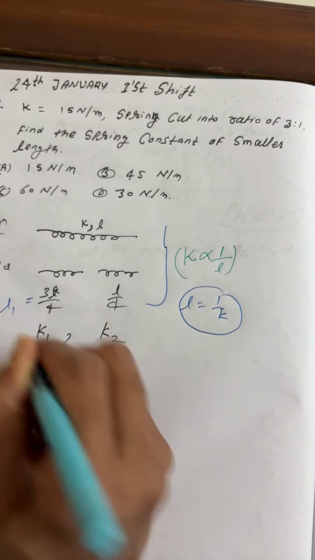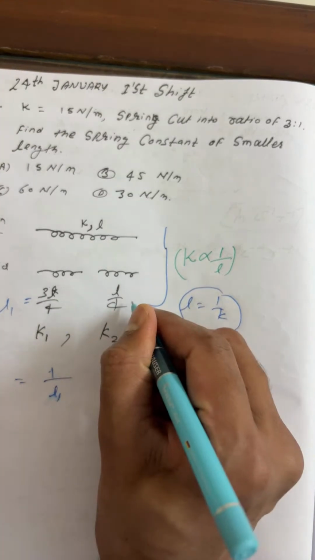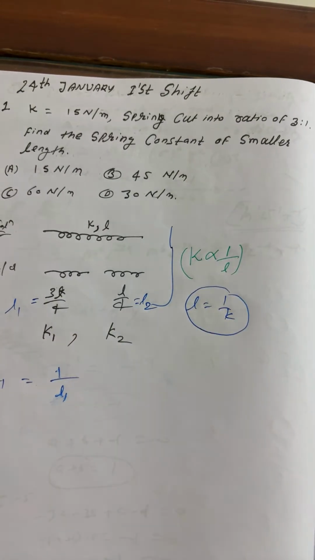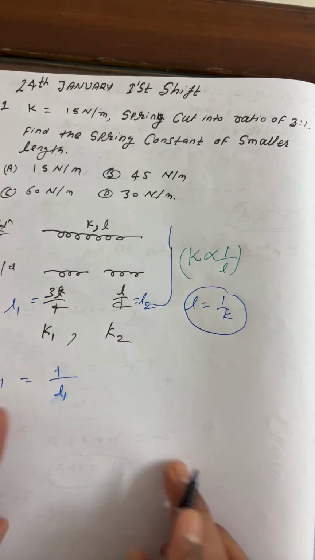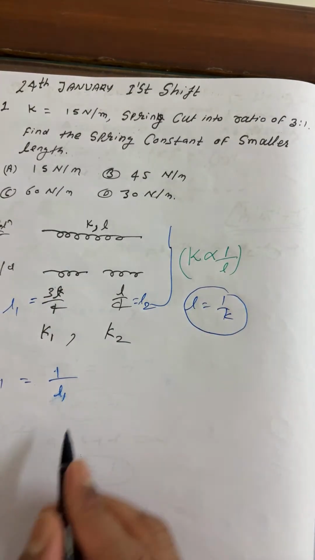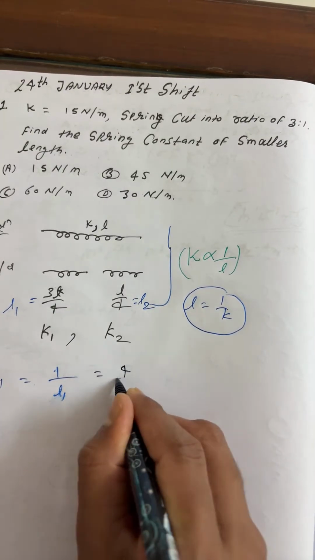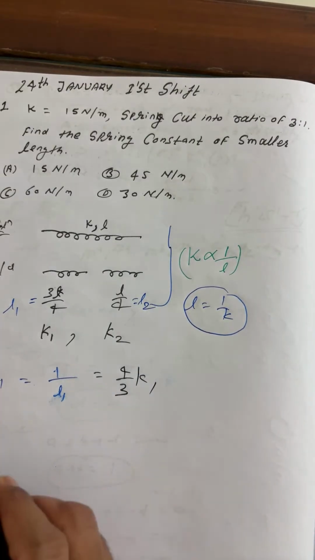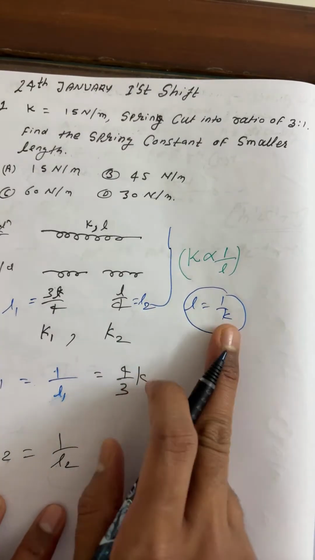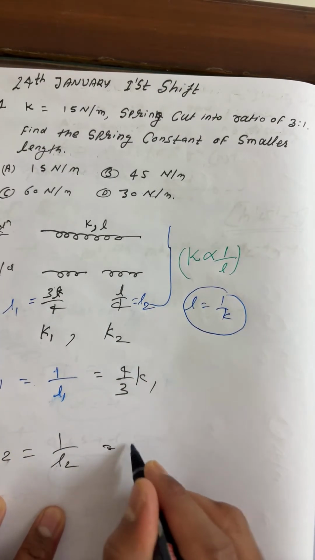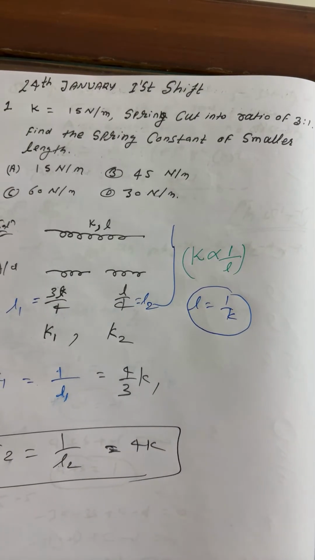L1 is 3L by 4, and L is 1 upon K, so K1 is 4K by 3. Again, K2 is 1 upon L2. This is L2, L by 4, and L is 1 by K, so you will get K2 as 4K.